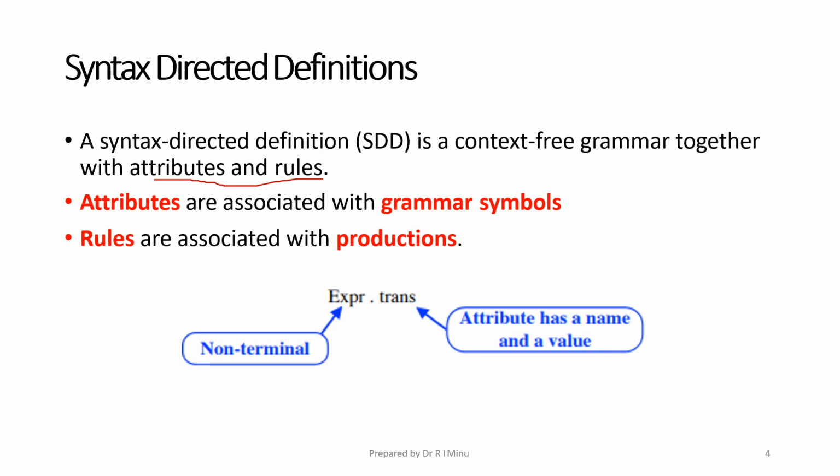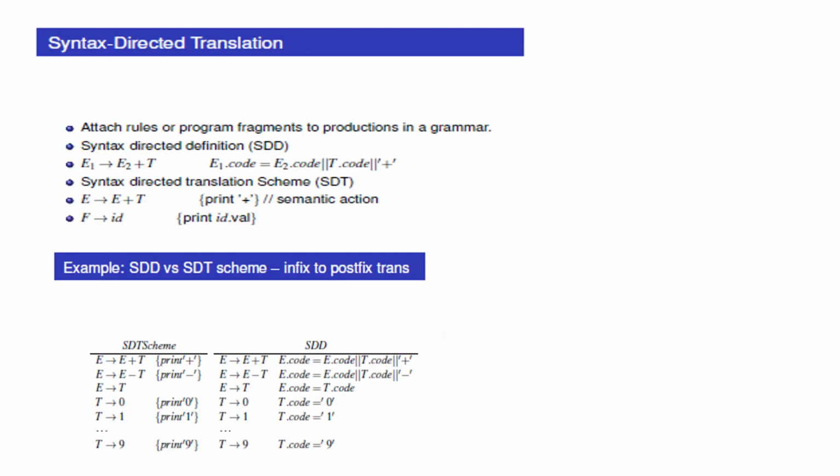And rules are the actions taking place. Attributes are associated with grammar symbols, rules are associated with productions. Here in expression.trans, expression is a non-terminal, which is a variable, and trans is an attribute, which has a name or a value.